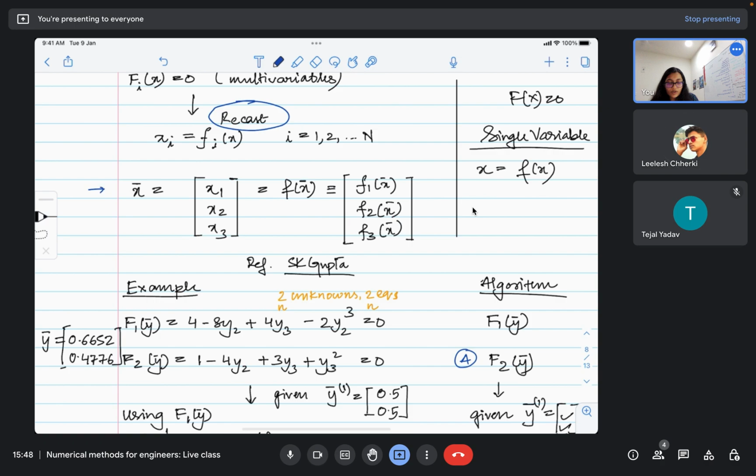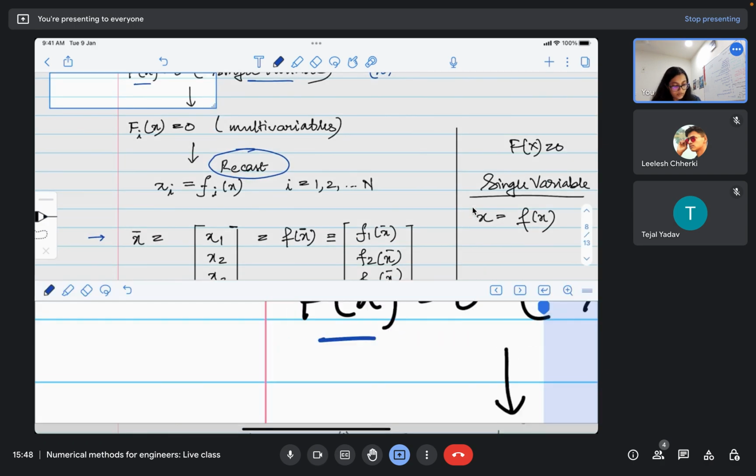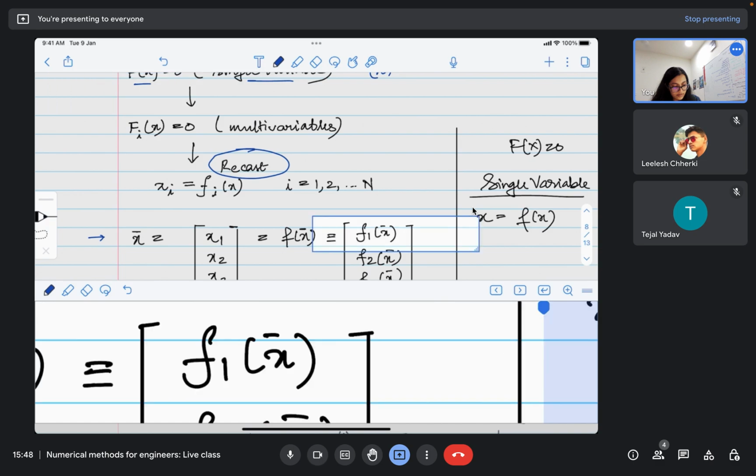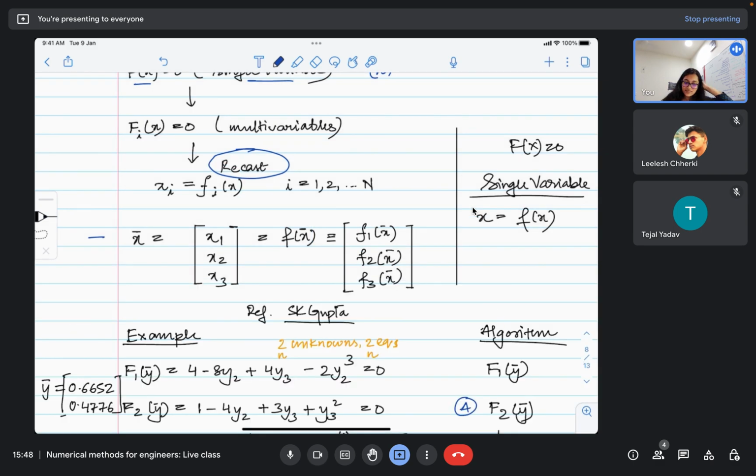So in this case, just like we had recasted x equal to f of x in single variable form, here we will have a vector form.